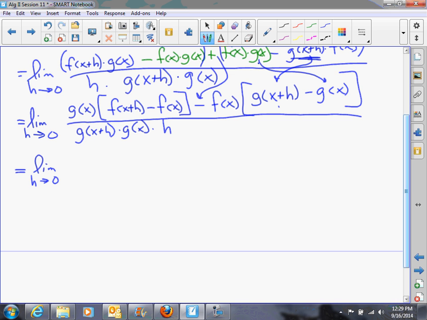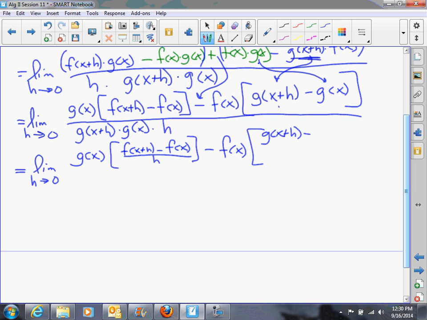Let's do this. This is g of x times f of x plus h minus f of x. And I'm going to take the h and put it up here, minus f of x times g of x plus h minus g of x. And again, we need an h there in that term.